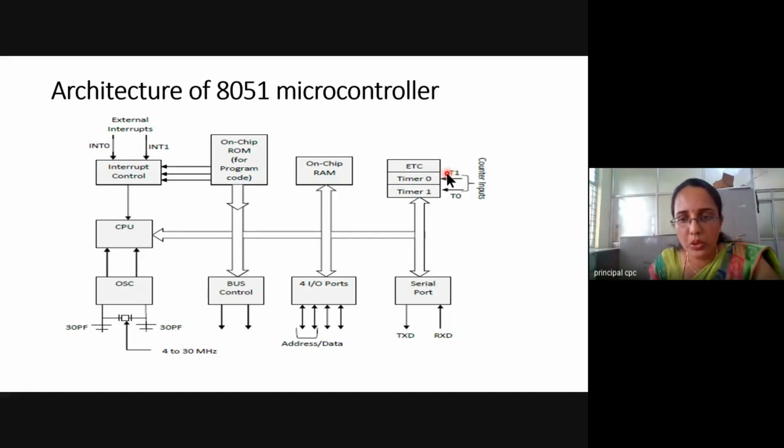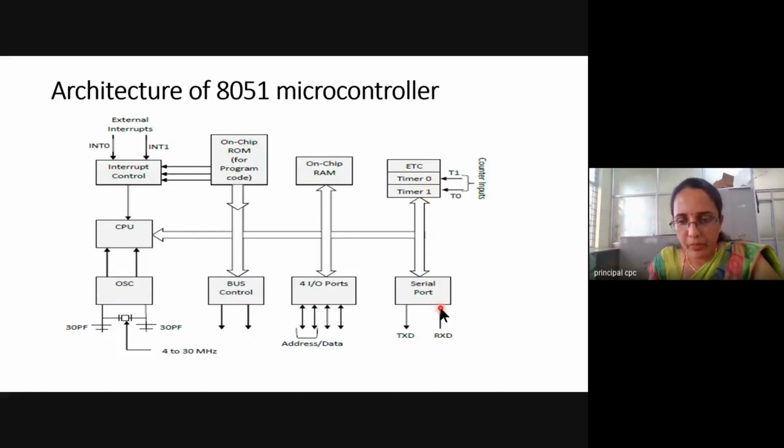When used in counter mode, we use it to count external pulses or external events coming from the external world to the CPU through T1 and T0. So overall, counting and timing applications will be accomplished by these timers, which are 16-bit registers.